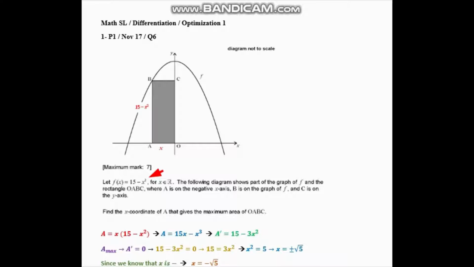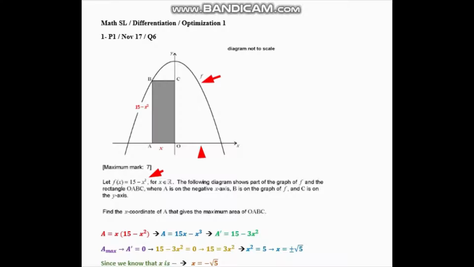So for any value of x, the corresponding y value shall be 15 minus x squared. For example, if x were 1, then the f of x value when x is 1 shall be 15 minus 1 squared. This is important in context of this problem.